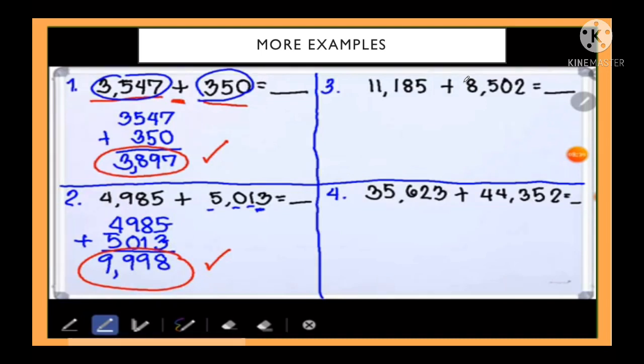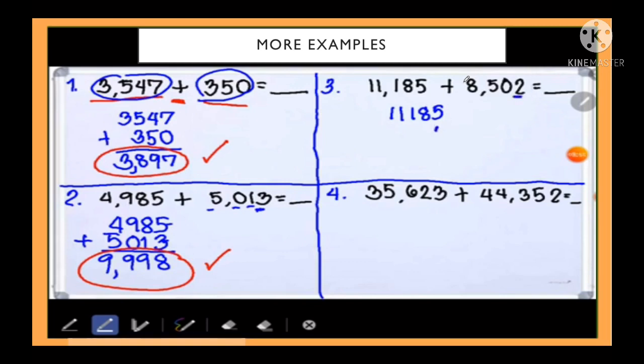Okay, so we will put here. We will line up those numbers. I will start with the 11,185. Okay, and then we will start here, right, on the ones place.